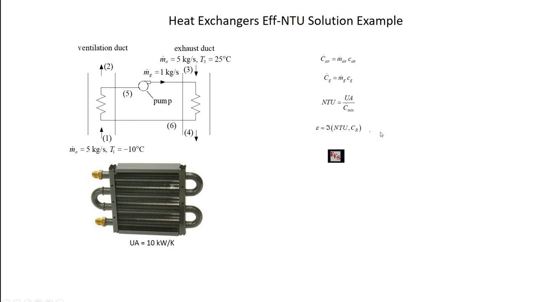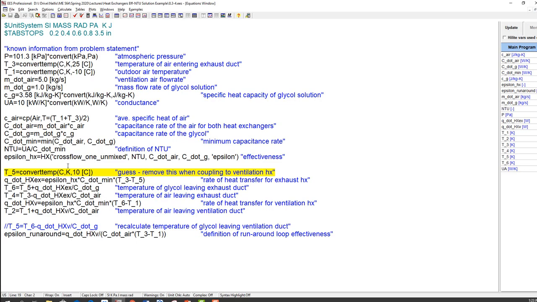And then I would go off and just use my library of solutions to get the effectiveness, right? So I'm going to go pick here a cross-flow heat exchanger with one fluid unmixed and one fluid mixed, and that's going to give me the effectiveness. So let's go look at what that looks like.